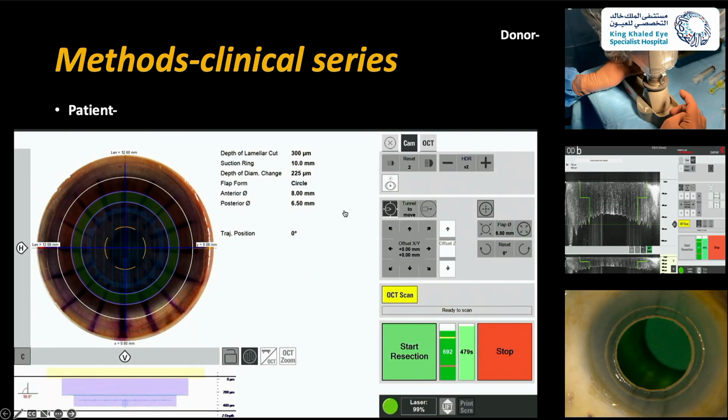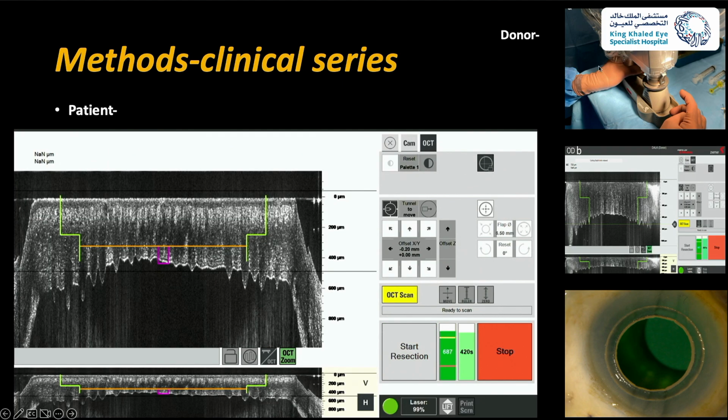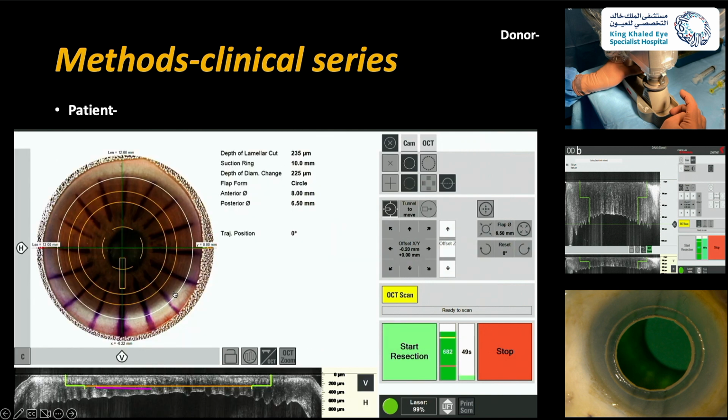So basically, you use the LDV femtosecond laser to cut the donor cornea on an artificial anterior chamber, and then use the femtosecond laser on the recipient to cut a mushroom-shaped keratoplasty. And here is the technician manipulating the tunnel to the side.